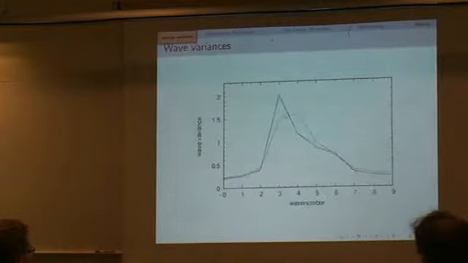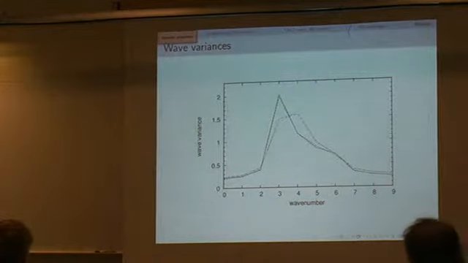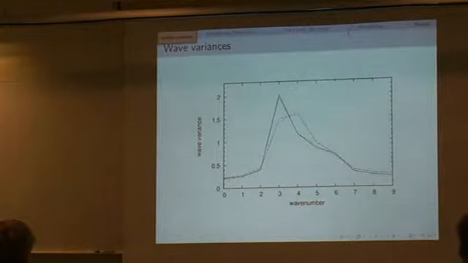Now let's look at other variables. Let's look at the wave variance. The Lorenz model lives on a circle, so you can do a Fourier transform of the variables, and then study the variance of the Fourier components, like a spectrum in turbulence. Then you get this.